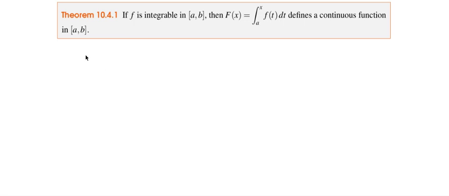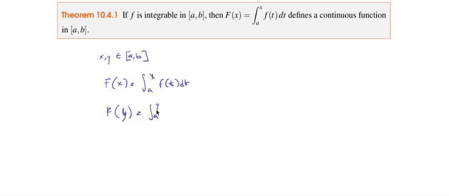Suppose we have any two values x and y in [a,b]. F of x is the integral from a to x of this function, and F of y is the same integral from a to y of f.